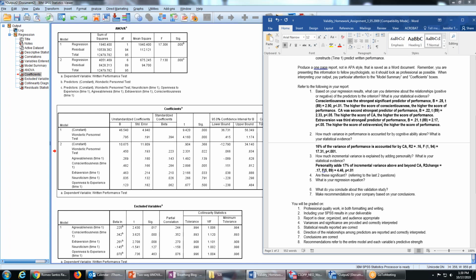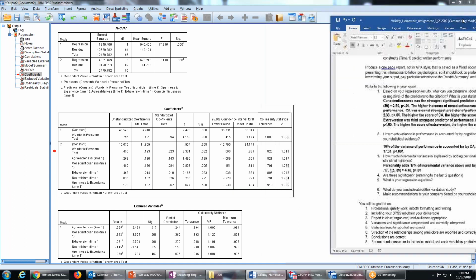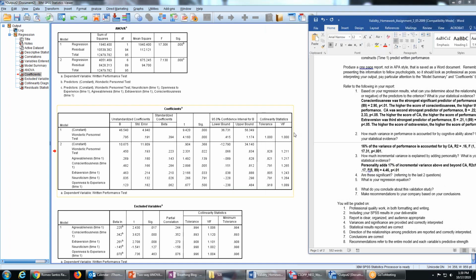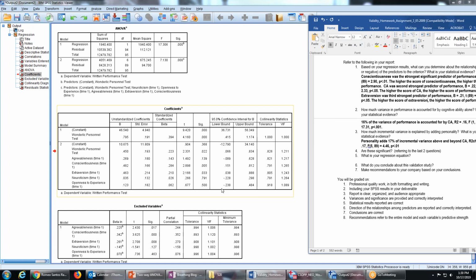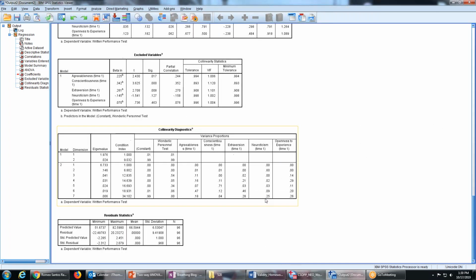They're all positive. There was a negative relationship initially, but that seemed to have changed once all the variance was accounted for. Let me just look and see. None of my VIF statistics look off. There's no collinearity. And let's see, where's my Durbin Watson?